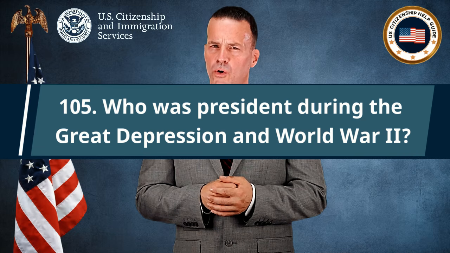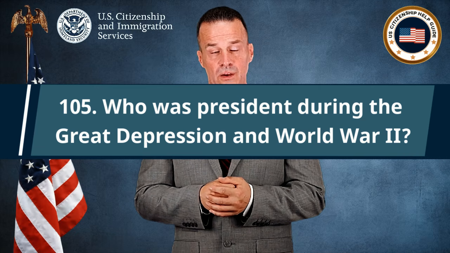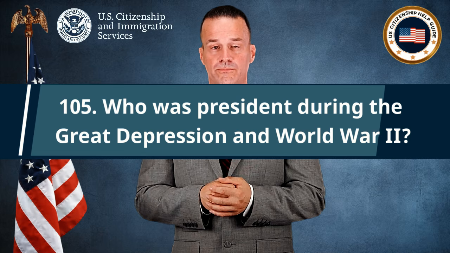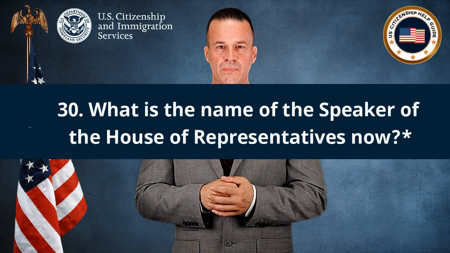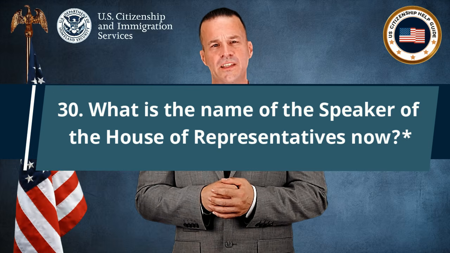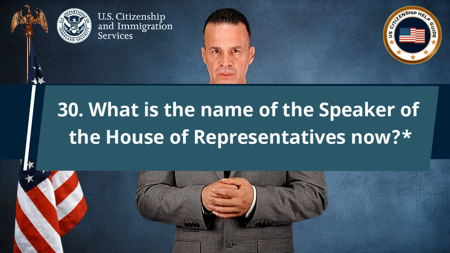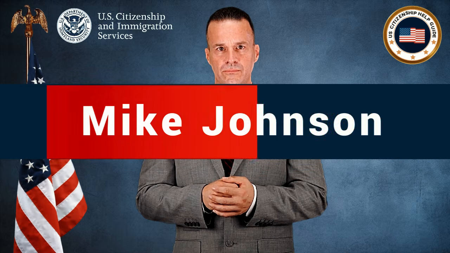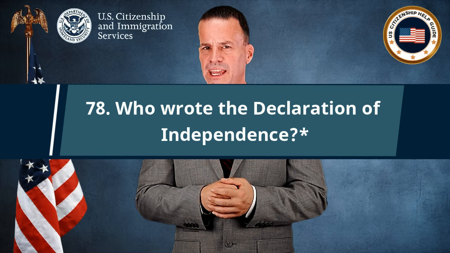105. Who was president during the Great Depression and World War II? Franklin Roosevelt. 30. What is the name of the Speaker of the House of Representatives now? Mike Johnson. 78.